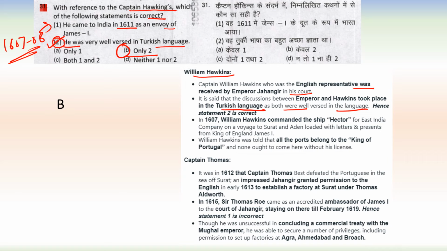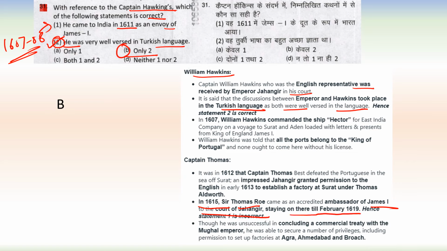Now after Captain Hawkins, Captain Thomas Roe visited India. In 1615, Sir Thomas Roe came as an accredited ambassador of James I to the court of Jahangir, staying there till February 1619.